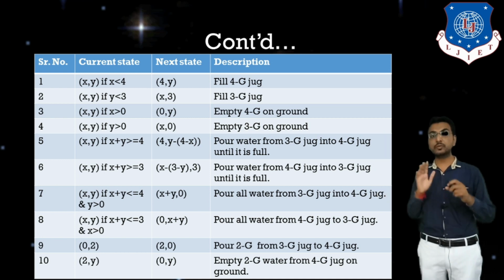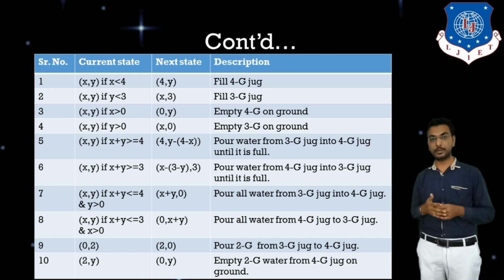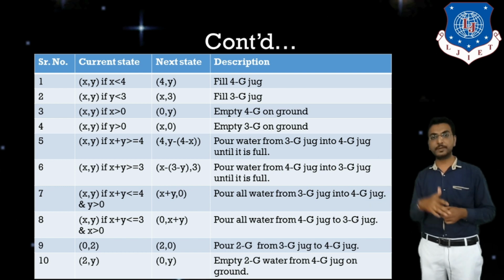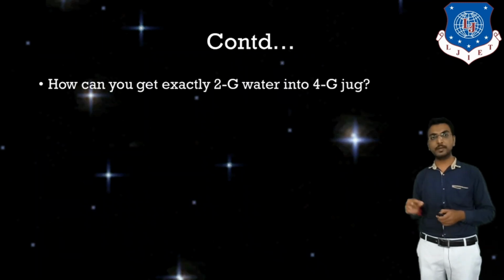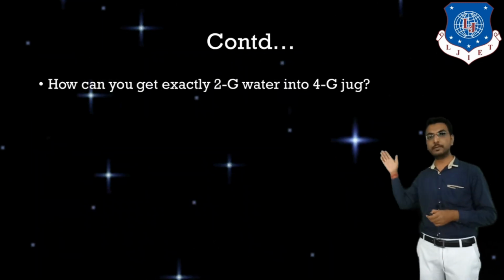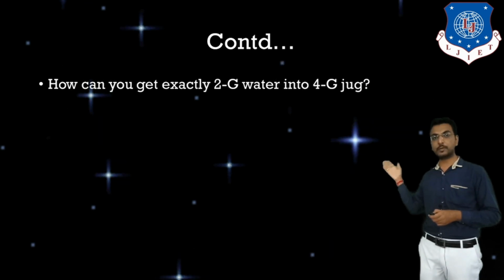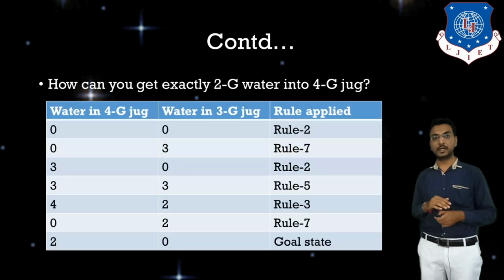These rules can change from problem to problem. These rules can vary from one problem specification to another. So how will we be able to solve this problem and get the water into the 4-gallon jug? This is the table regarding that.